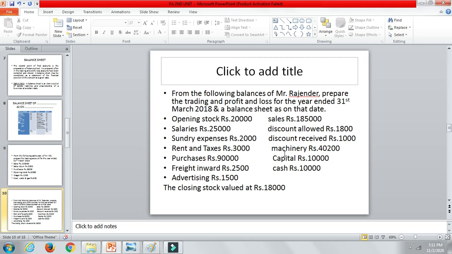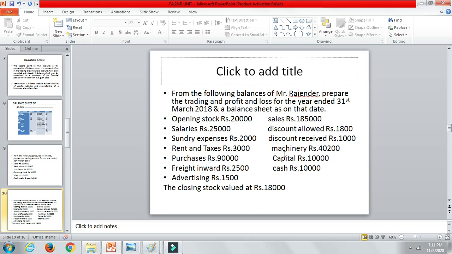Discount allowed is the discount which you will be receiving or paying at the time of sales, so that will come in the profit and loss account only. Machinery is an asset, it will come on the asset side. Capital is a liability, so it will come on the liability side. Cash is an asset which you hold in your hands, so it will come on the balance sheet asset side.